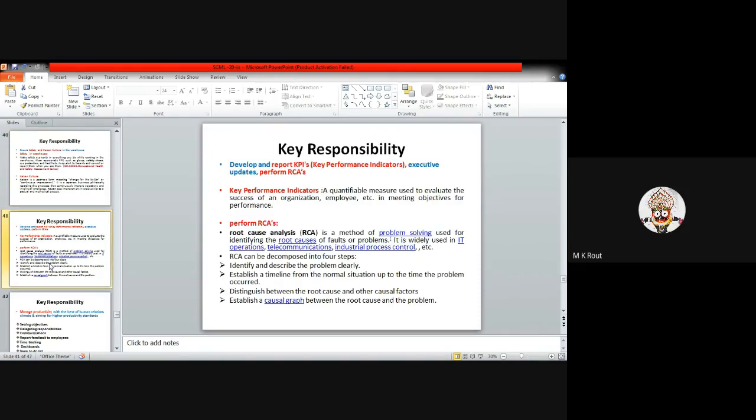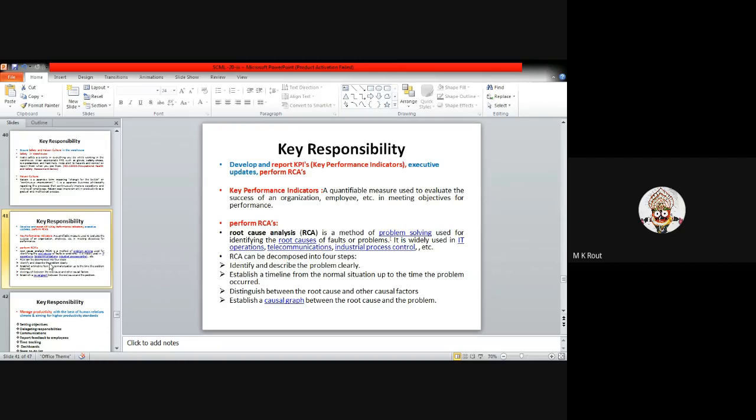This is nothing but a quantifiable measure used to evaluate the success of an organization, employees, etc. in meeting objectives for performance. And here the performance should be updated through root cause analysis. This is a particular method for problem solving, used to identify the root causes of a fault or problem. It is widely used in IT operations, telecommunications, and industrial processes.